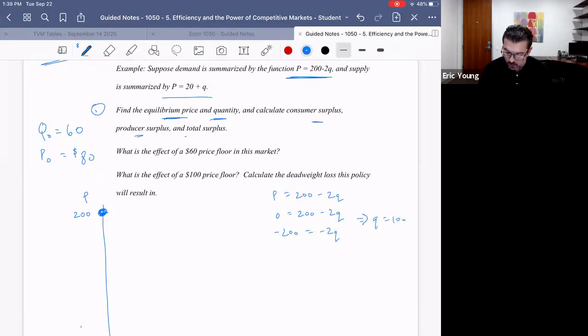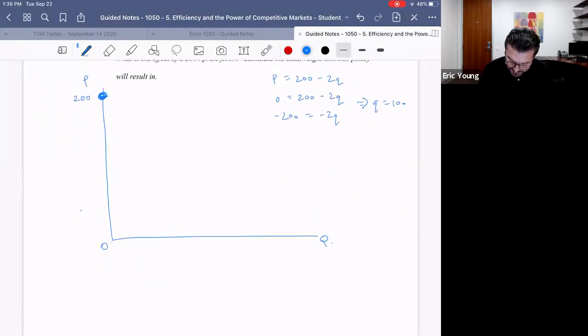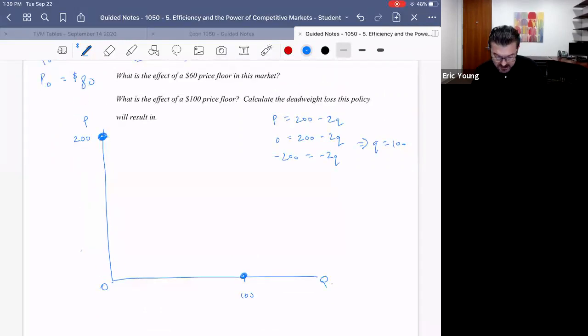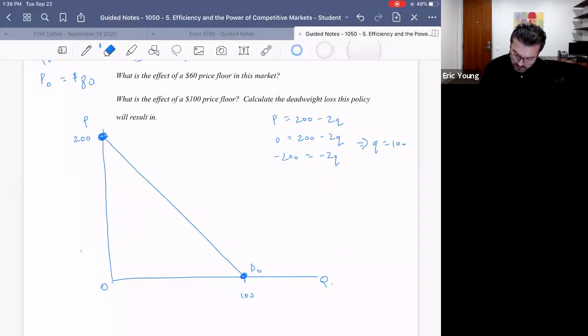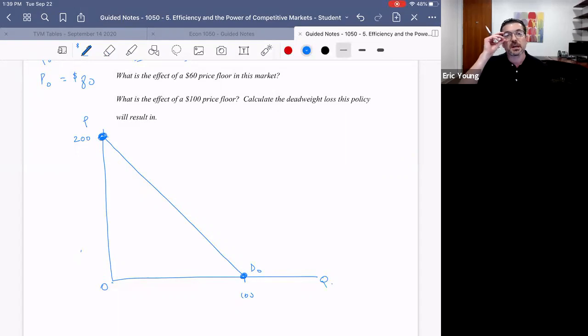So if price is equal to 0, right here, Q will be equal to 100. And that's our other point. And by simply connecting those, you get D0. Okay? So you have to use a little bit of basic algebra, but really what you have to use, just a little bit of logic and a little bit of creative thinking, out of the box thinking.